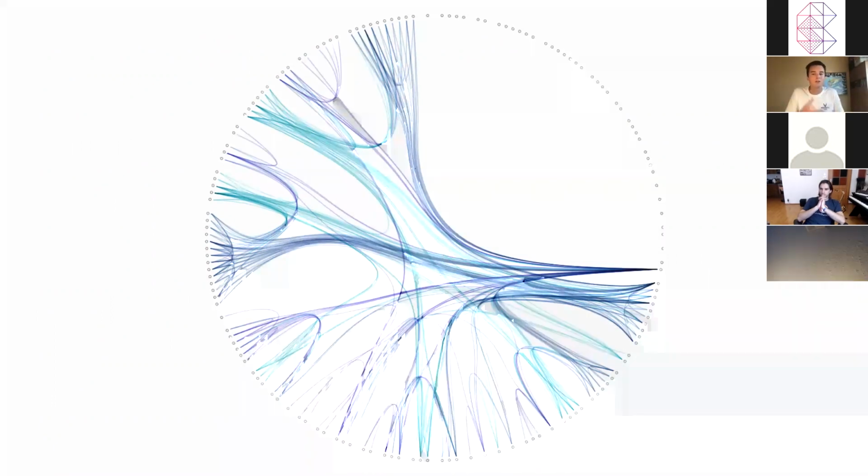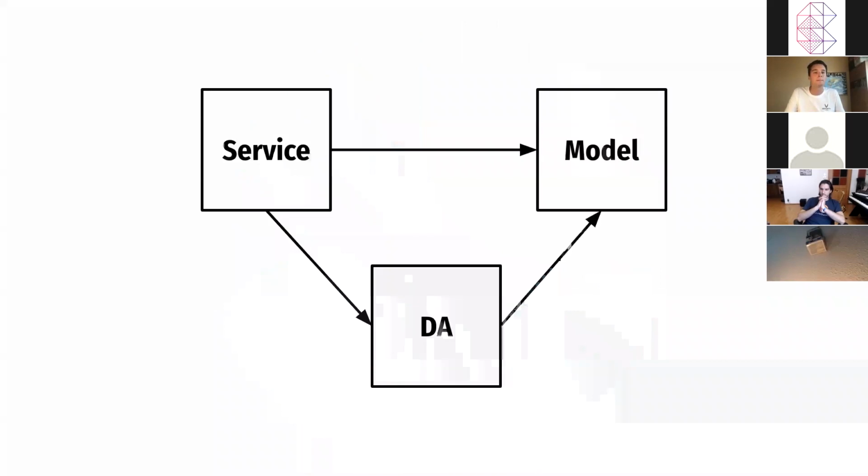Because, actually, in this pattern that was used here, to generalize, we would see that the following relationships between modules apply. Services know about models and DA dependencies. DA knows only about models and doesn't know anything about services, and models know only about other models, basically.